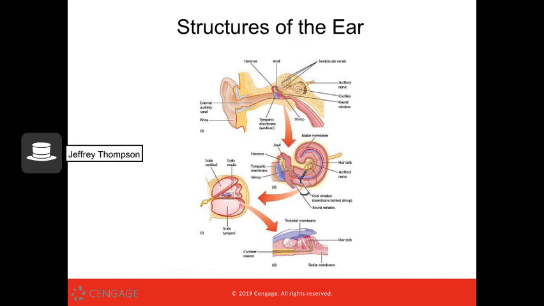Each of these just takes the area and blows it up. These hairs are very small, but you can see that there are a bunch of them. By amplifying and focusing the sound, specific hair cells will respond to specific vibrations, which will allow us to perceive sound properly.